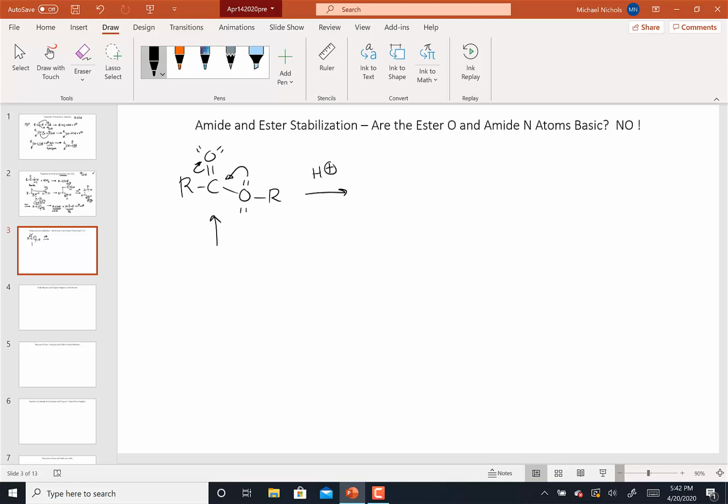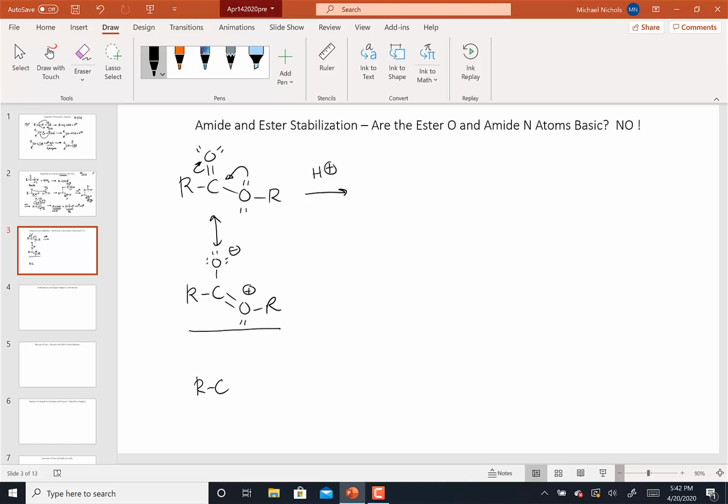So a legitimate resonance structure that I can draw, okay, it's not very stable, but give me that, is I can form this resonance structure.